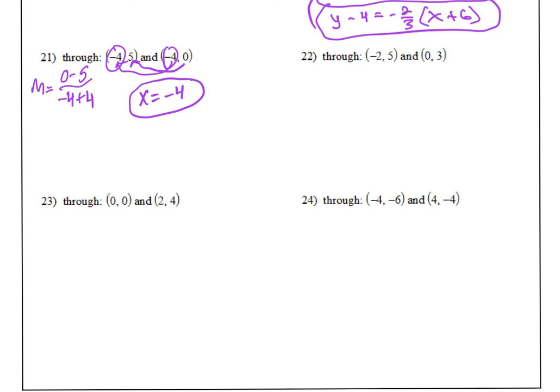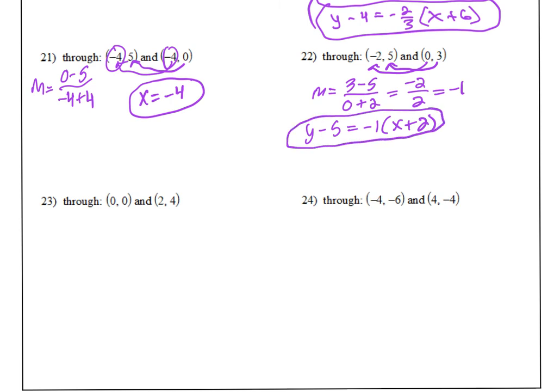22, we're going to do 3 minus 5. And 0 minus -2, which is 0 plus 2. -2 over 2 is -1. Then for point slope, if I do the first point, it's y minus 5 equals -1 times x plus 2.